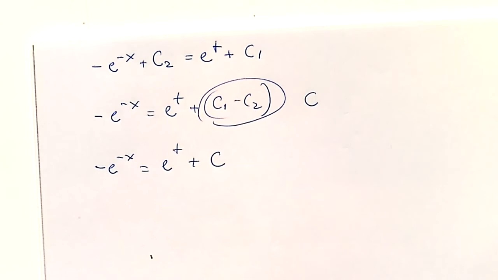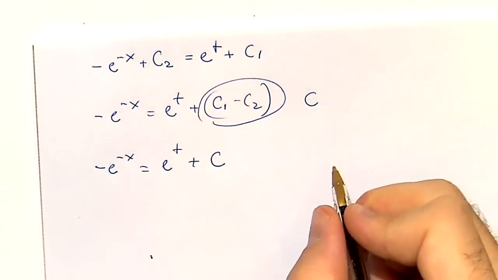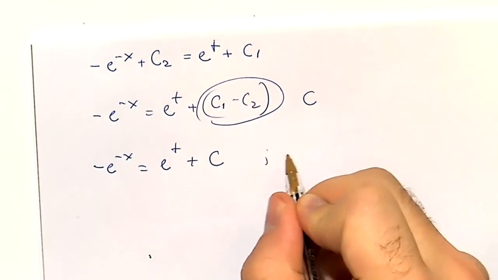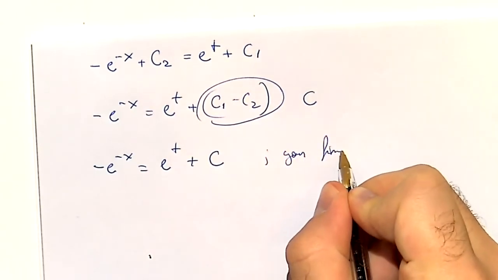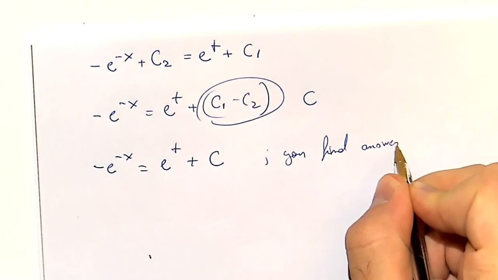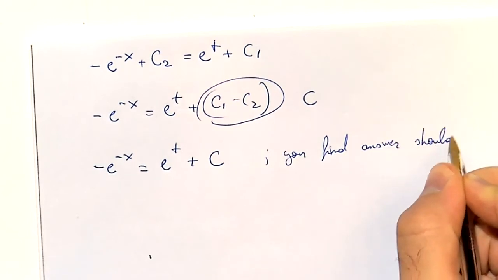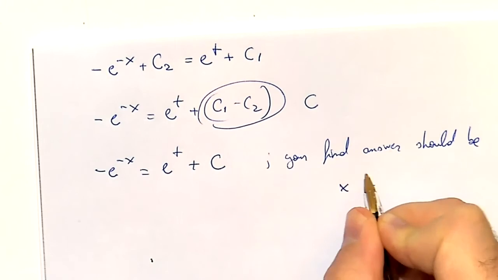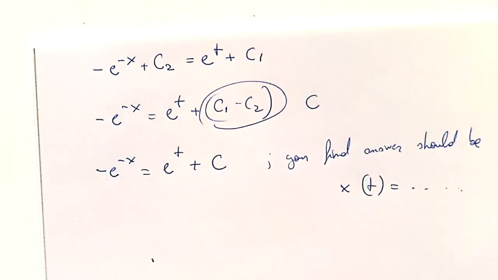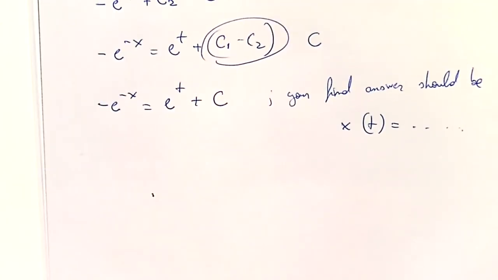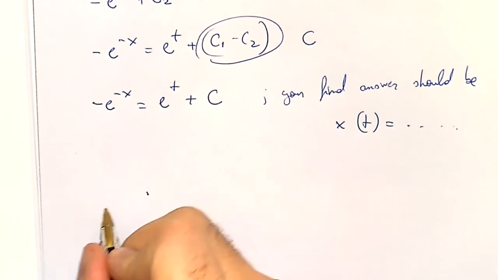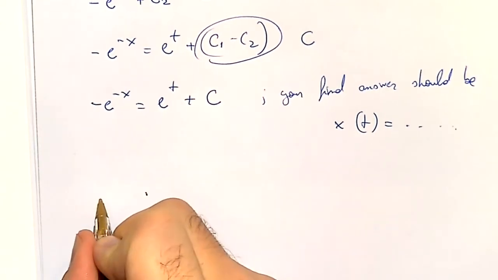No. Your final answer should be x of t is equal to dot, dot, dot. That is how you solve this stuff. That's what you need to show me in the end. So at this point, you're not done. What you have to do is just a little bit more work.